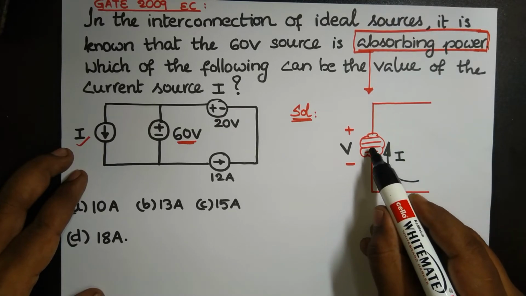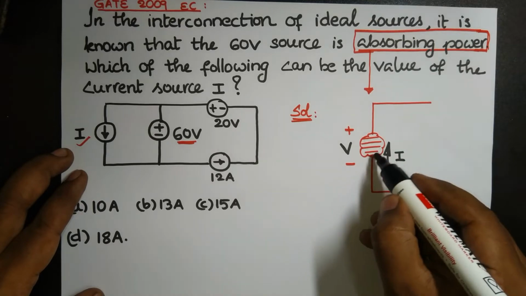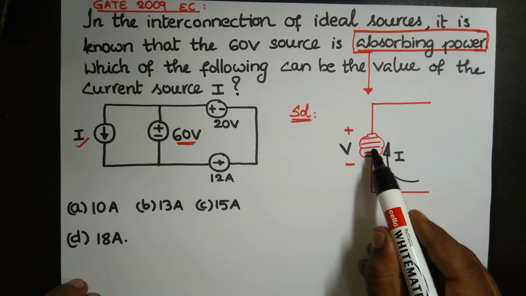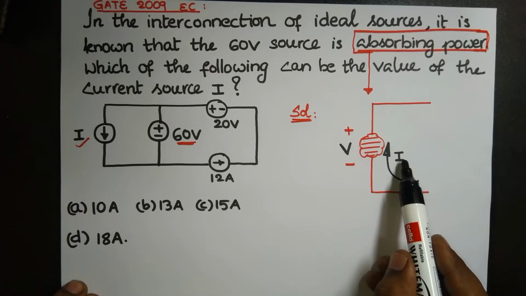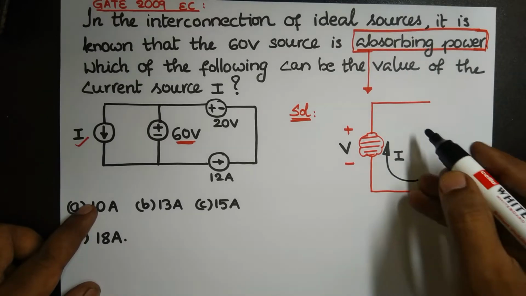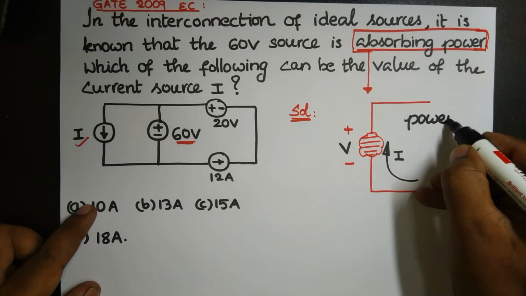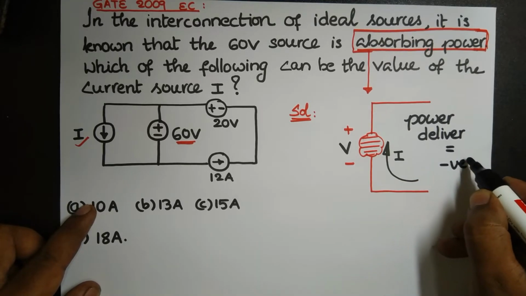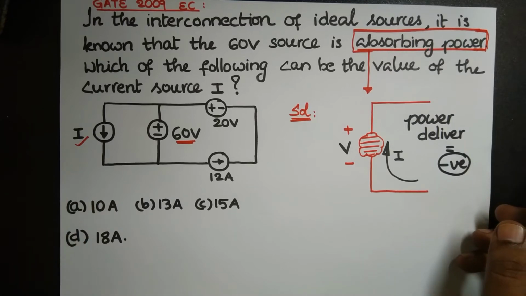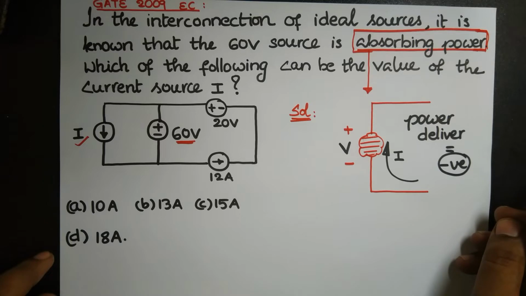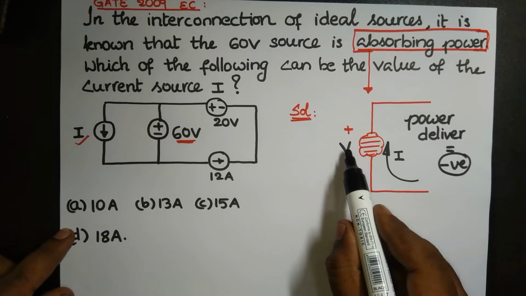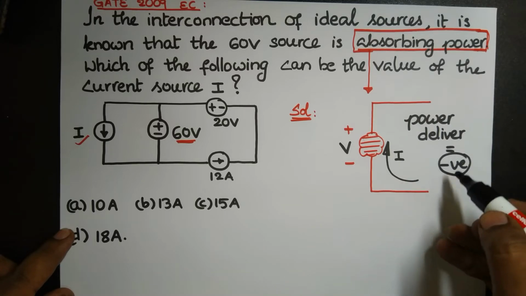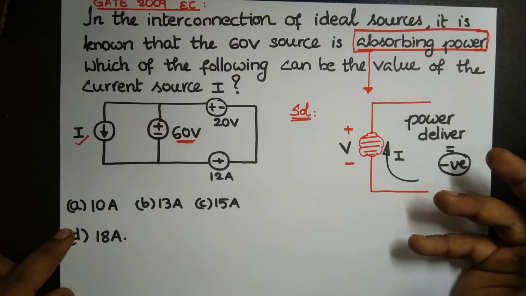Therefore this element is delivering power. It delivers V multiplied by I, and that power delivery is negative. Whenever we see delivery or supply, you have to treat that quantity as negative. So when you see this, you understand you have delivery or supply.